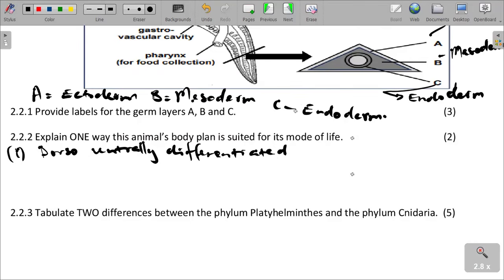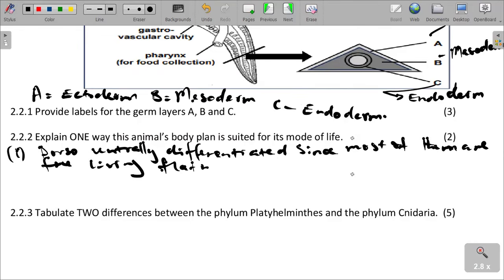We see most of them are free-living flatworms, which live at the bottom of muddy waters.